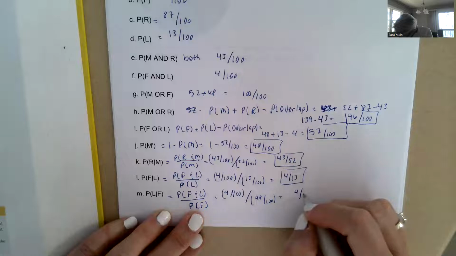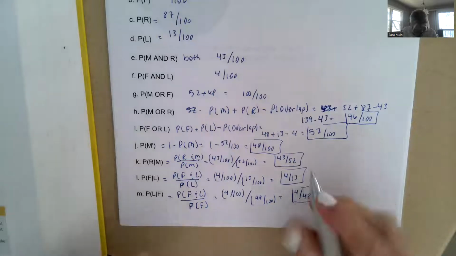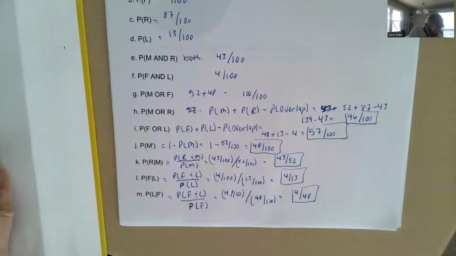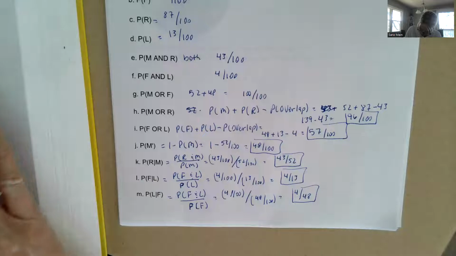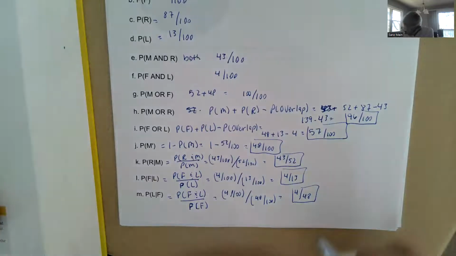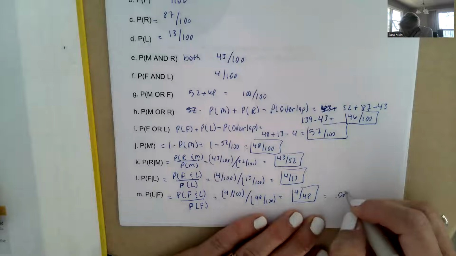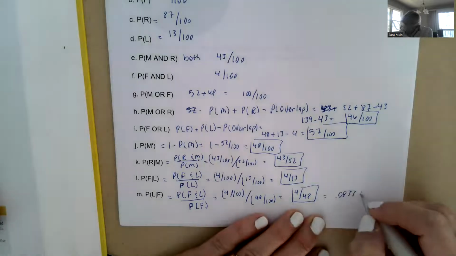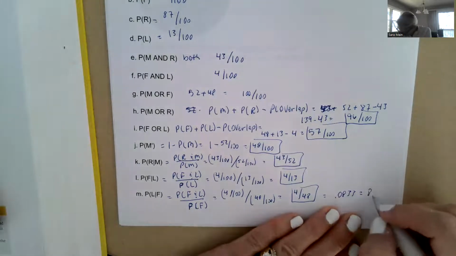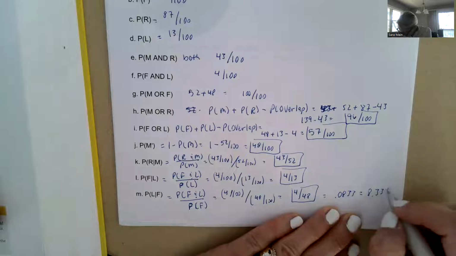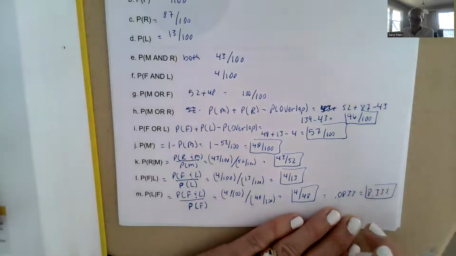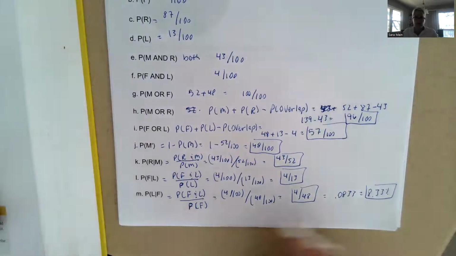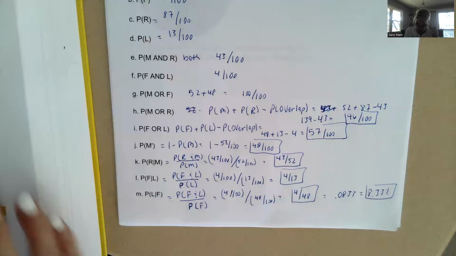So 4 out of 48. And you could turn these into a decimal and then a percent if you like, to talk about them as 8.3% of the time of the females, they will be left-handed. So that's one other way to do that.